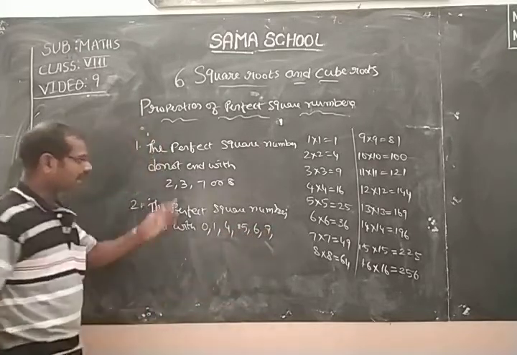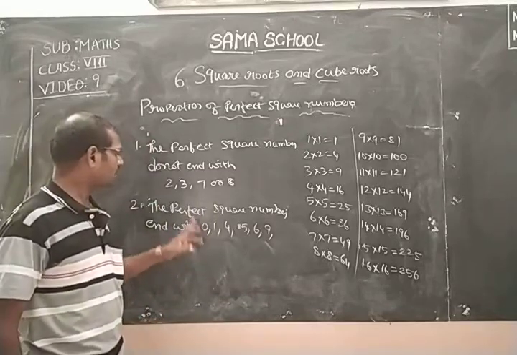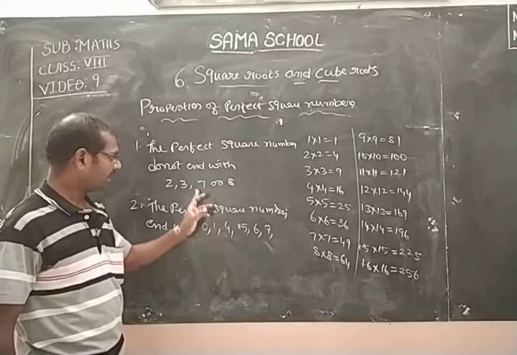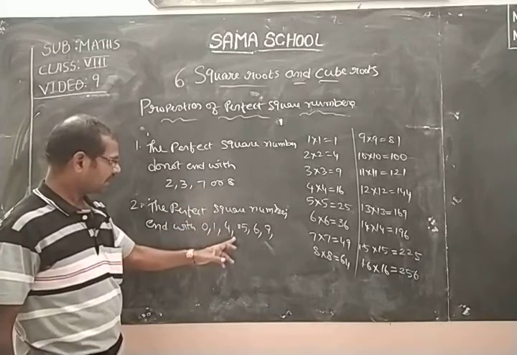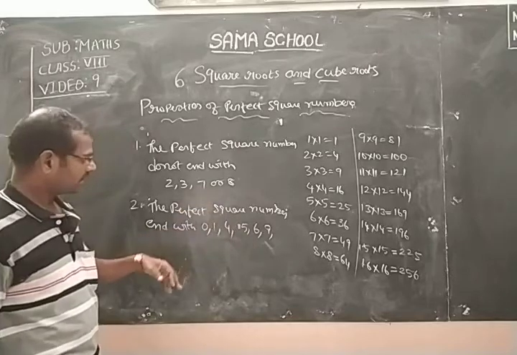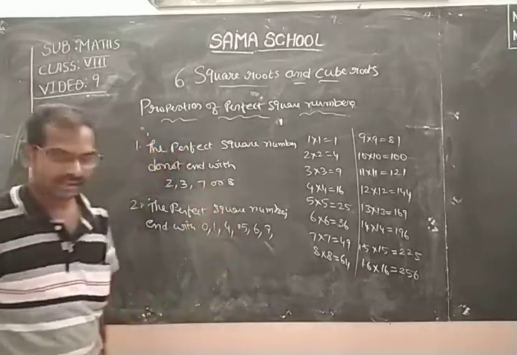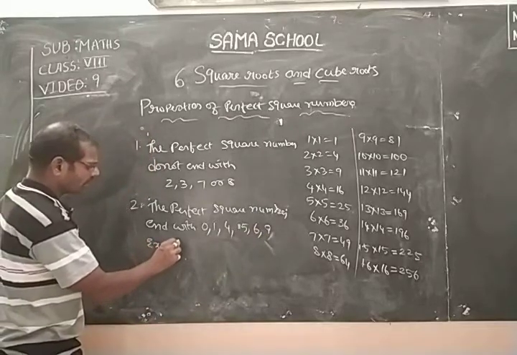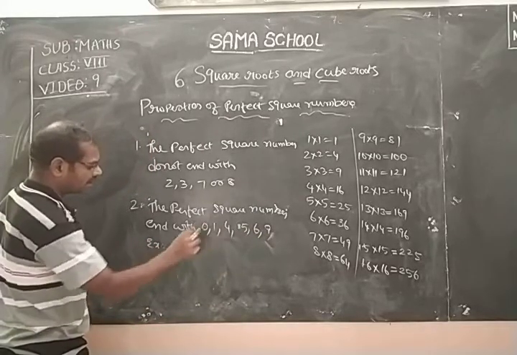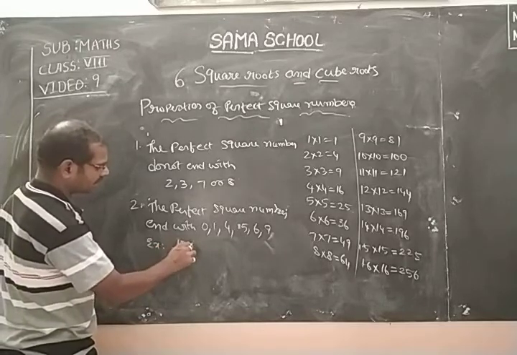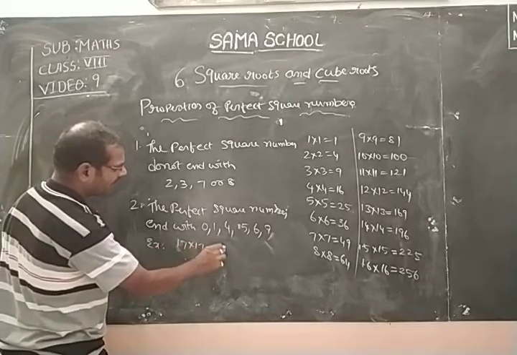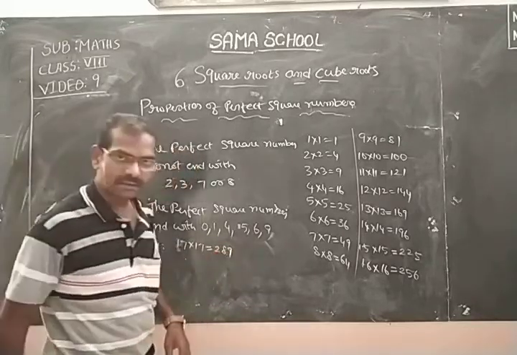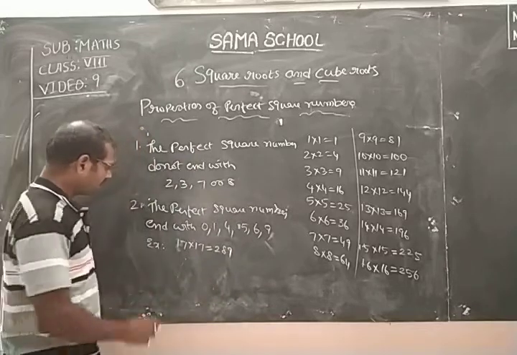That's all. Other than these digits, 2, 3, 7 and 8 are not here. Suppose I take 17 squared, 289. It ends with 9. So it is a perfect square. Clear? Okay.